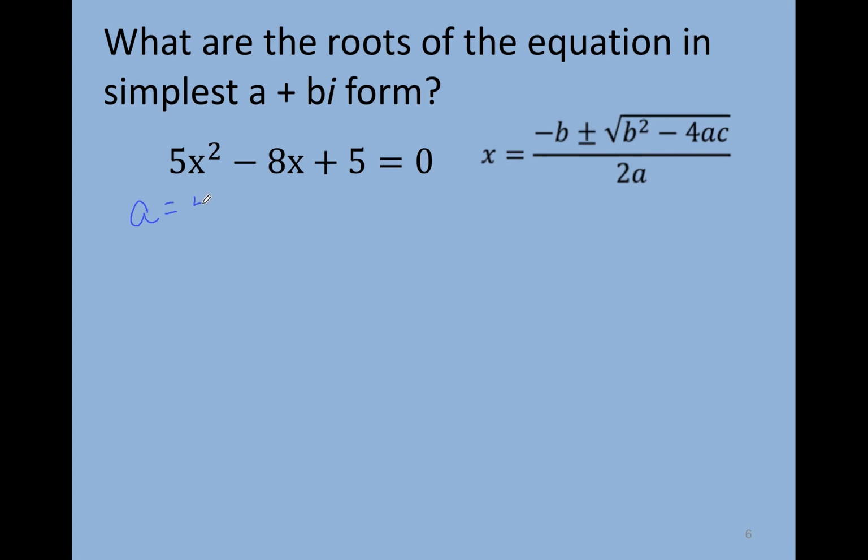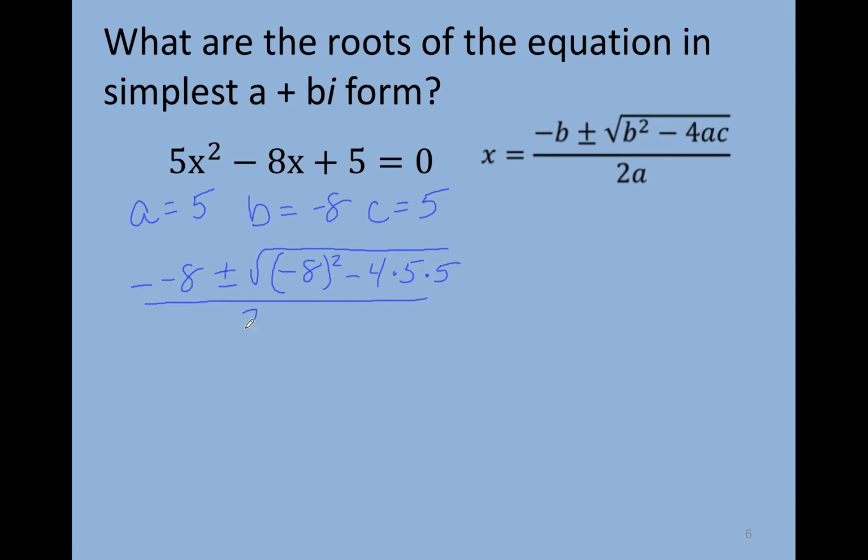A is equal to 5, B is equal to negative 8, C is equal to 5. So we're going to go negative negative 8 plus or minus negative 8 squared minus 4 times 5 times 5 over 2a, which is 2 times 5.